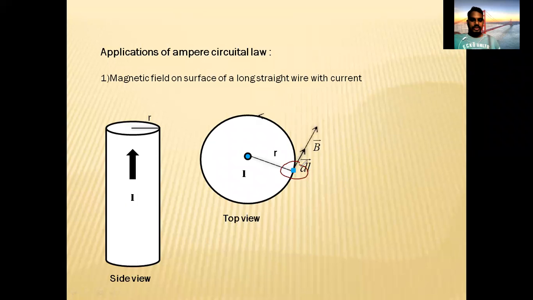So we have taken a small element on the surface. Before getting into the topic, let's understand the purpose first. The question is very clear: the magnetic field on the surface of a long straight wire with current. So we are interested in finding the magnetic field on the surface of a cylindrical wire. We take the top view, the cross-sectional area, as an Amperian loop.